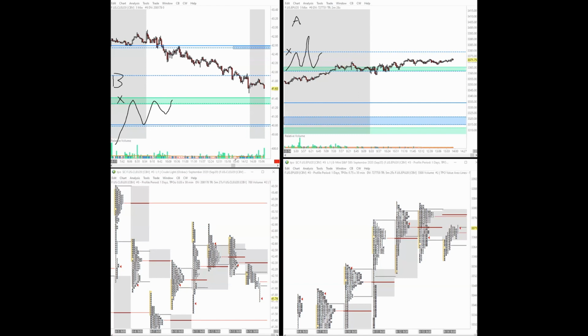Example B, I believe that the level has weakened, and that coincides with auction market theory principles around what we call a lack of, everyone say it together, excess, right? That says lack of excess, but this is example B, and that's a lack of excess. So lack of excess versus having excess is important when we look. That's why we use profile structures, you know?